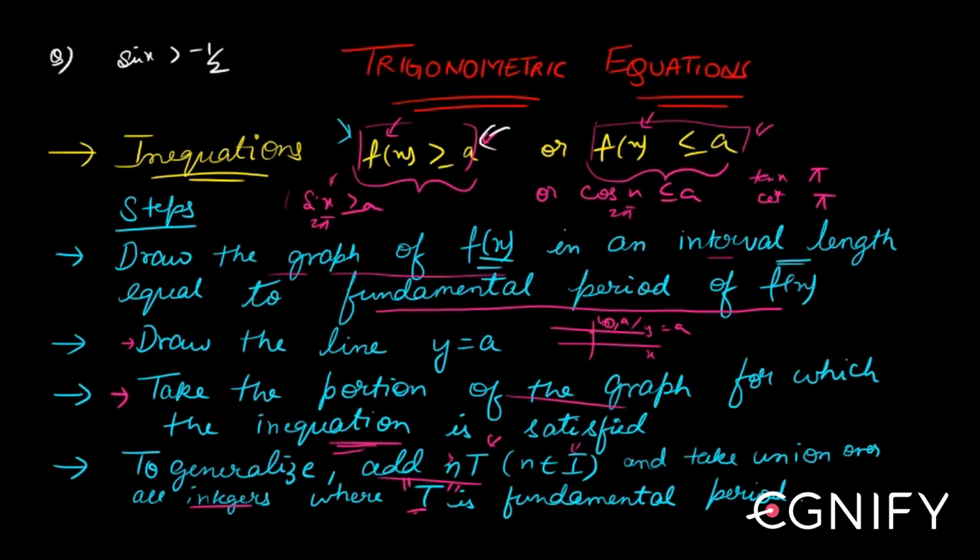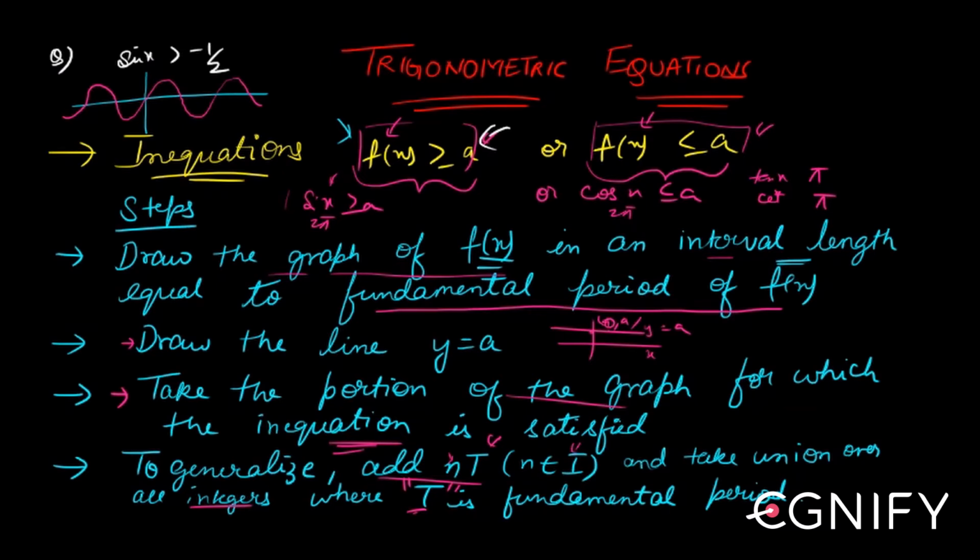So what I will do is I'll first draw the graph and then see how it goes. So I will draw the graph here. Sin x starts from 0, goes to 1, goes to minus 1, comes to 0 and keeps going. Goes to minus 1, goes to 0 and keeps going.